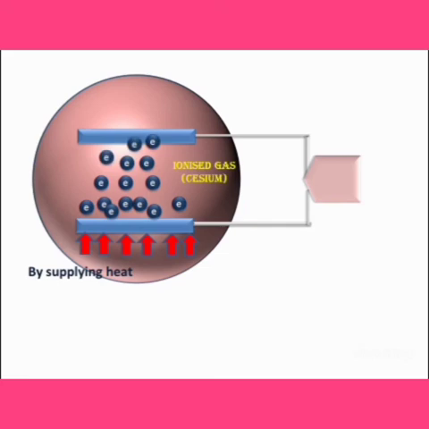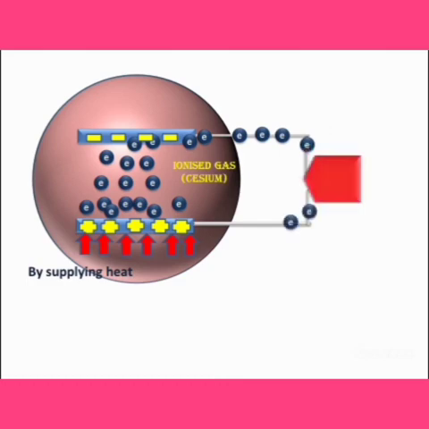The cathode has a positive charge, and this is the electron collector, so the anode will have the negative charge. Then the electrons will transfer to this wire, and the electric bulb will start glowing with the electron flow, and electrons continuously flow through this path.